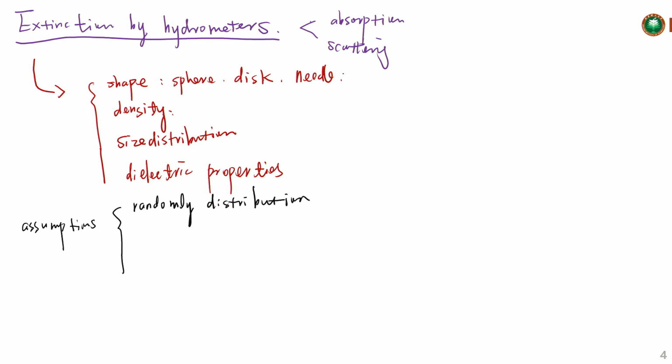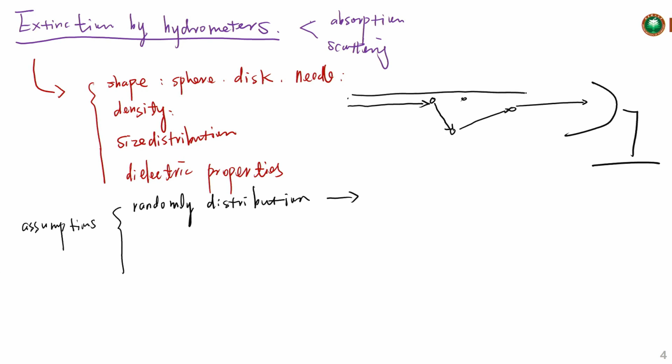For the random distribution, that means for our scattering, for example, if we have several droplets and a coming ray, or incident ray, it is scattered by this one and scattered by this one, and comes to the radiometer like this. And another one maybe comes from the scattering that directly comes to here.